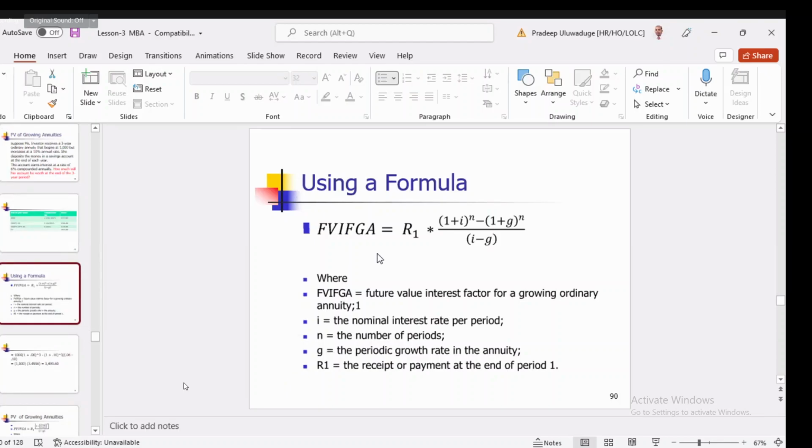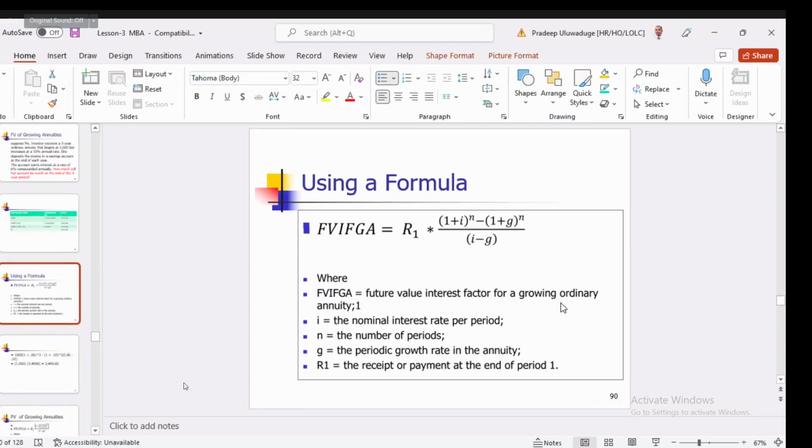Future value interest factor of a growing ordinary annuity, where I is the interest rate, N is the number of time periods, G is the periodic growth rate in the annuity, and R is the receipt of payment at the end of period one, before the growth occurs. In our example, R is 1,000.